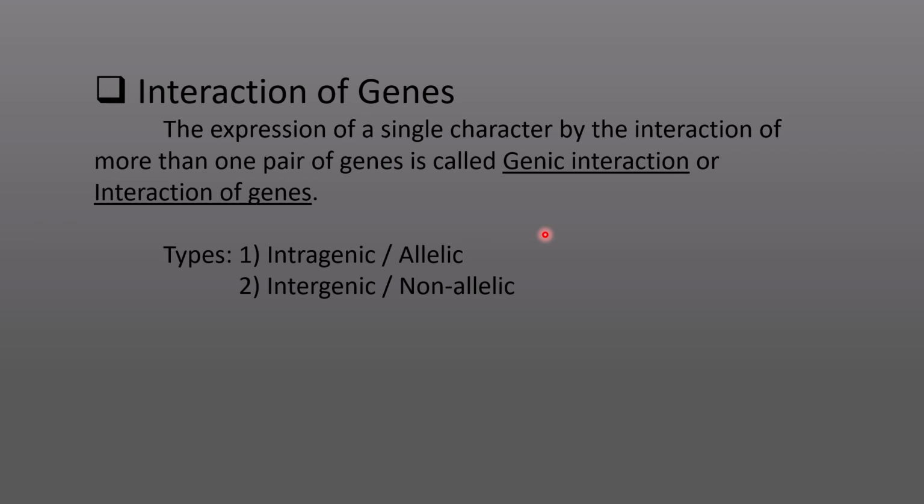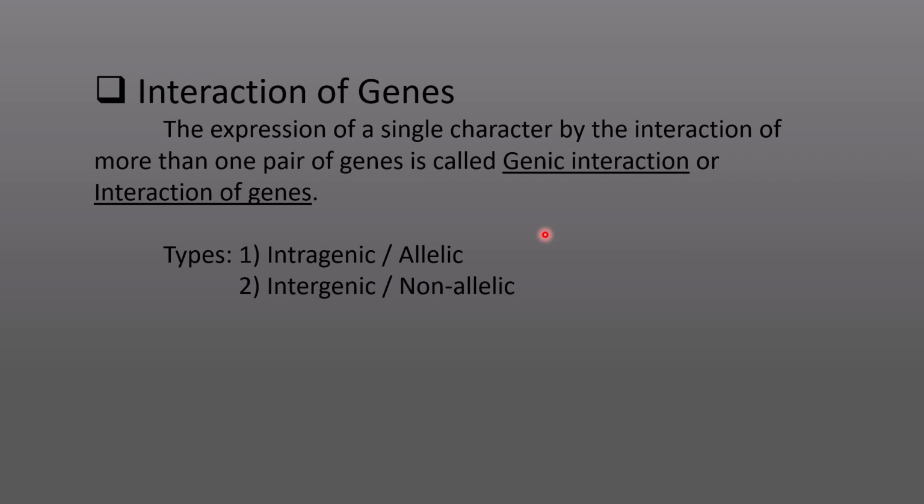But to alter or modify this, there is some other gene present in a different locus, maybe a different chromosome, or maybe a different locus of the same chromosome. So different genes have an influence on the gene that decides the height of the plant. That we'll be discussing later.